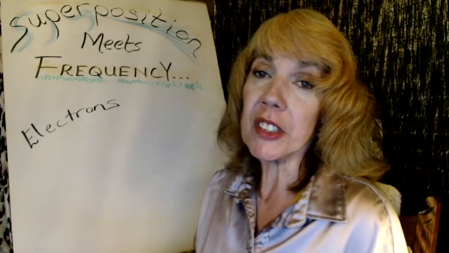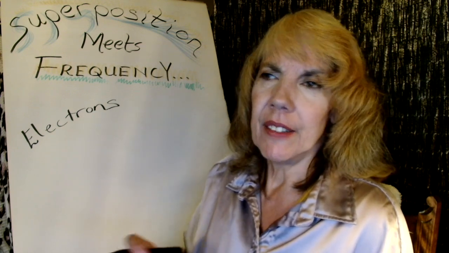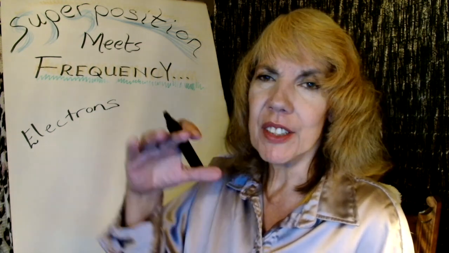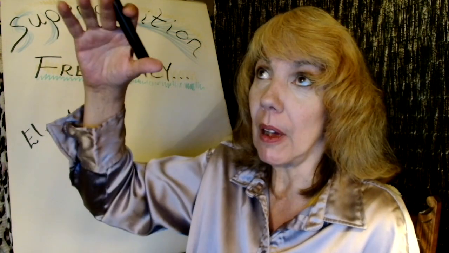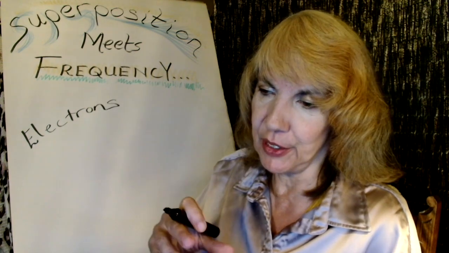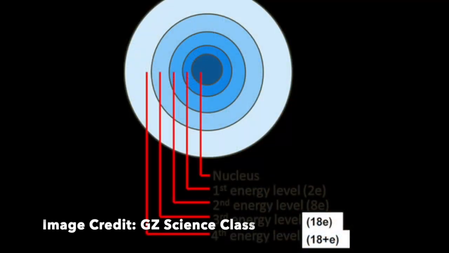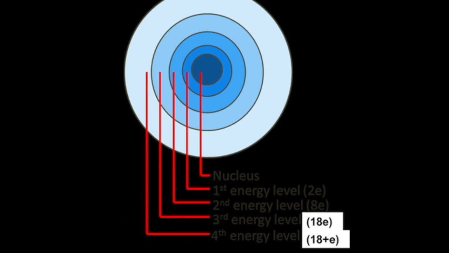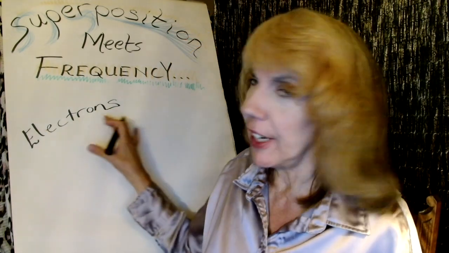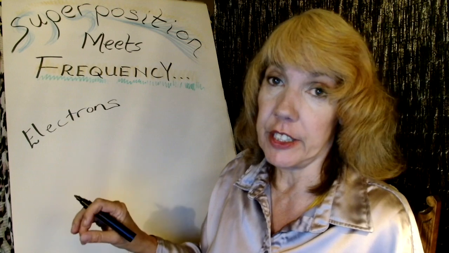They are superpositioned and they exist on certain frequencies. Their energy level depends on where they are in the shell valence, whether they're up and high. If they're far away from the nucleus, they're high energy, and if they're close to the nucleus, they're low energy. So they vary in their energy quotient, which means that their frequency changes.